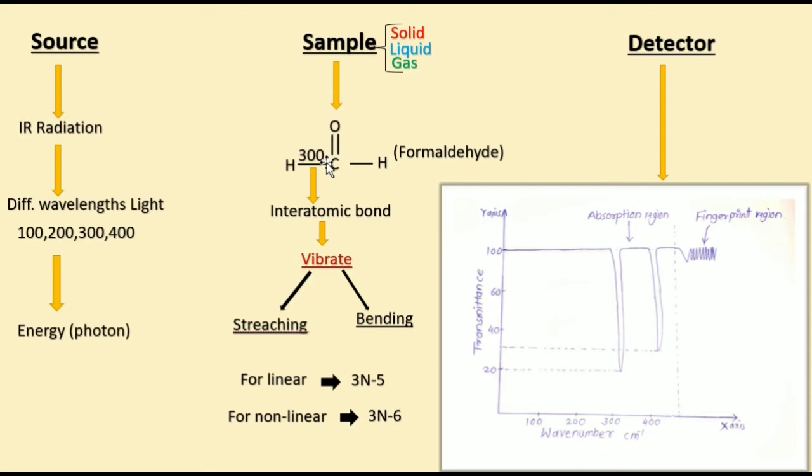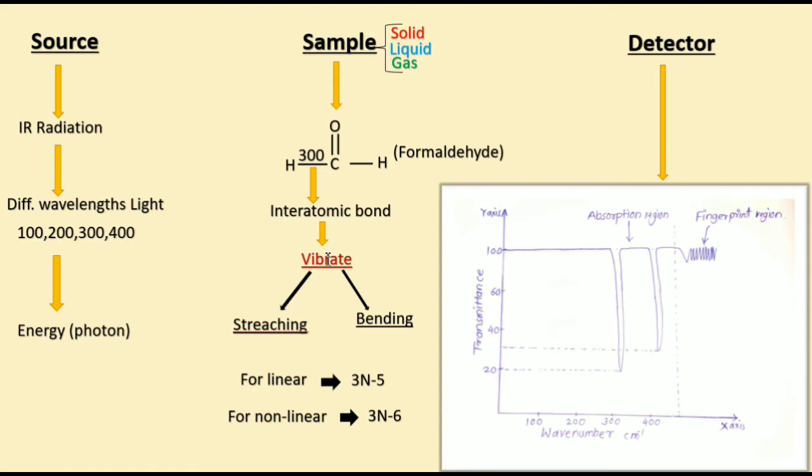That means this bond can show different types of vibrations at different wavelengths. It is not fixed that one type of bond will absorb only one wavelength and have only one type of vibration. So let's assume that this bond stretches at 300 wavelength and bends at 400 wavelength.